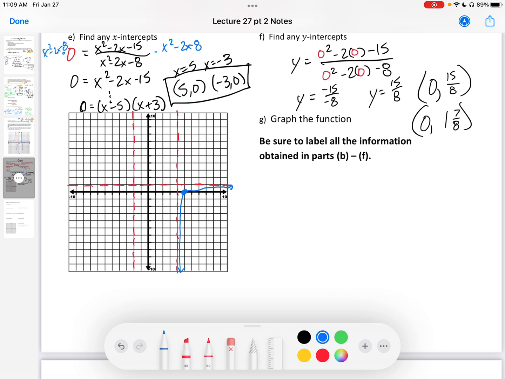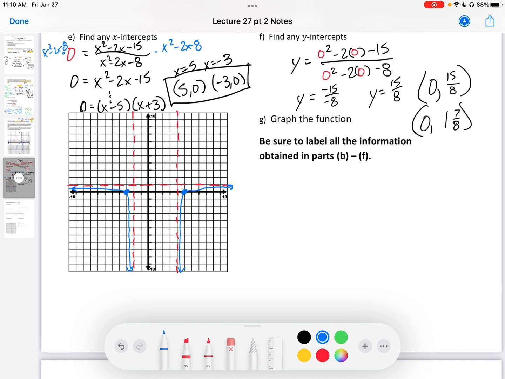I also have an x-intercept at negative 3. So is my swoop going to be here or down here? Again, the x-intercept tells you that swoop is going to have to be down on the bottom. Now, in the middle, I know I have a parabola.